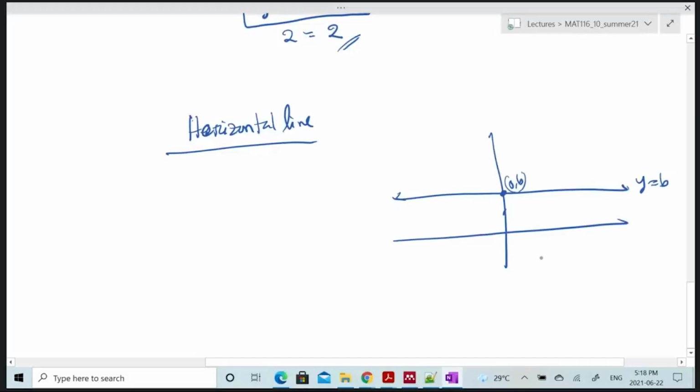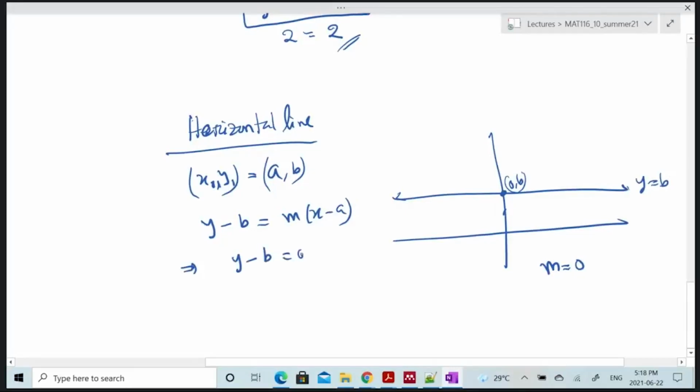So remember, for a horizontal line, the angle is 0, so slope m equal to 0. Say the arbitrary point we consider here, (x1, y1), equals (a, b). So like before, we write y minus b equal to m of x minus a. Since m is 0, we get y equal to b.